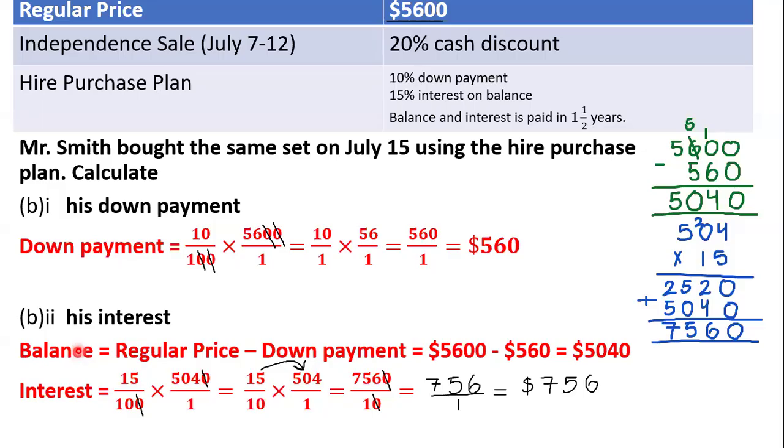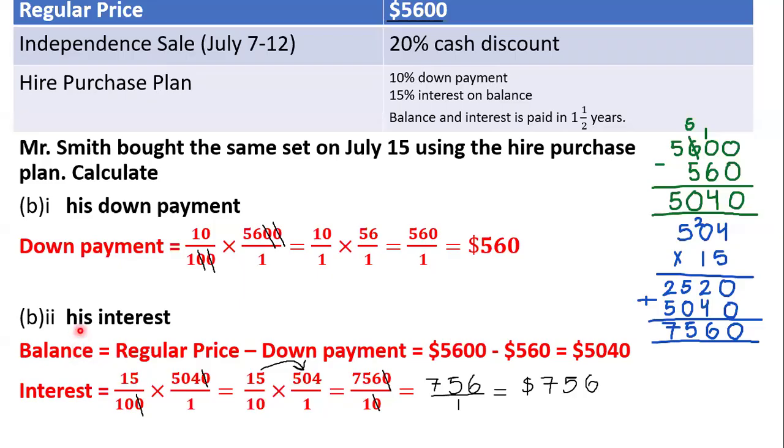There's also another way to do interest, whereby I say, if I lend you $5, then when you give me back the money, I want you to give me back the $5 plus 5%, or in this case, 15% on the $5. You're not only paying back the 5,600. You're paying that plus the interest.